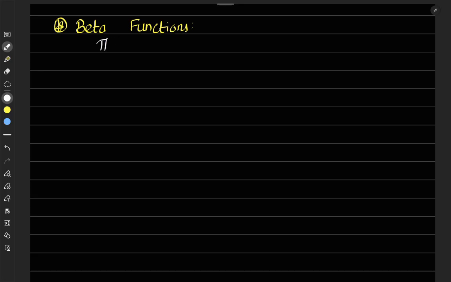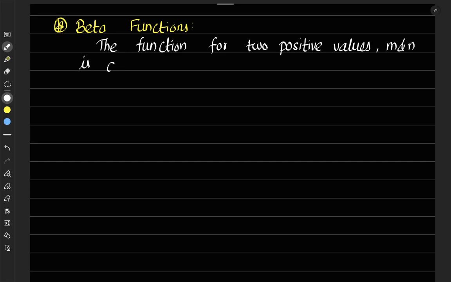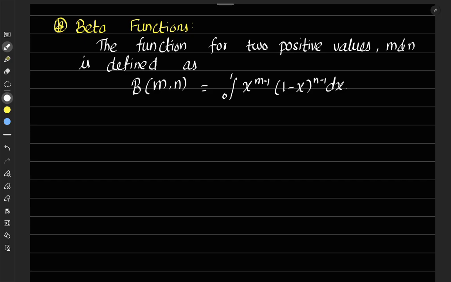So the beta function for two positive values, say m and n, is defined as beta of mn is equal to integral 0 to 1 x to the power m minus 1 into 1 minus x to the power n minus 1 dx. So this is how we will define our beta function.